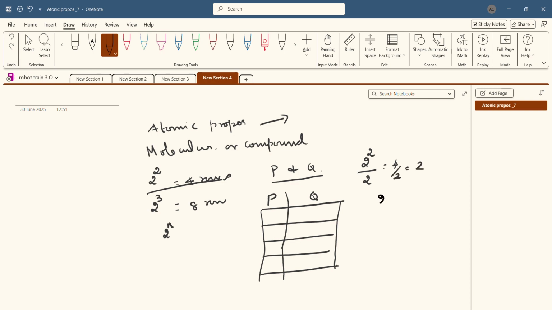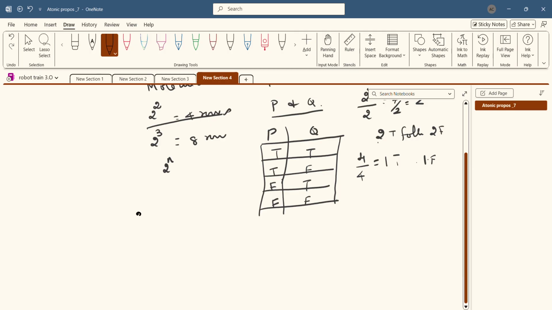That means 2 trues followed by 2 falses. So the first column has 2 T followed by 2 F. How are we going to write the second column? 2 squared divided by 4 is equivalent to 1. So 1 true followed by 1 false: true, false, true, false. Likewise, we can frame a table.